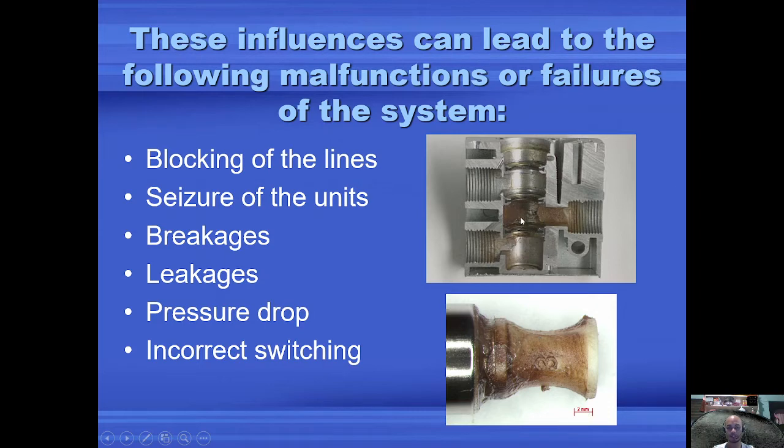Maybe there is less lubrication, so check your lubricator whether there is still lubricating oil in it. There is also damage in the filter dryer, so it doesn't really remove the moisture in the air, and this may lead to corrosion of some parts of the system.